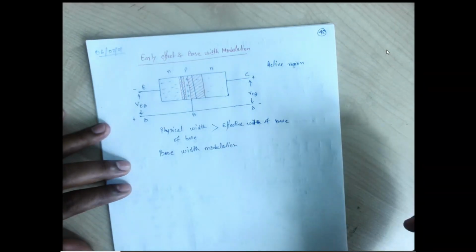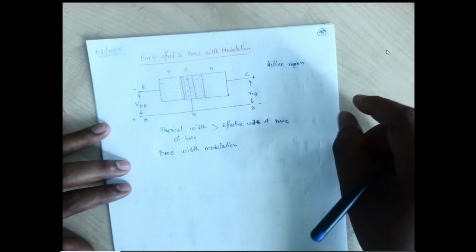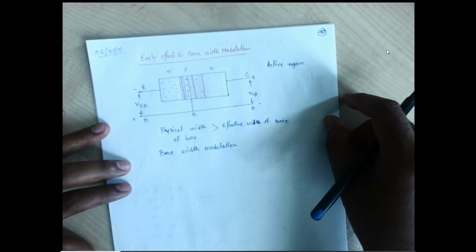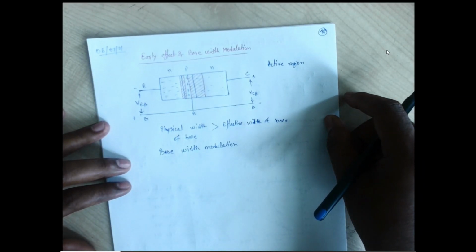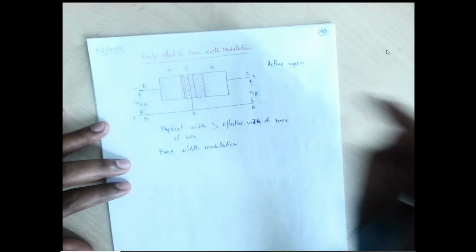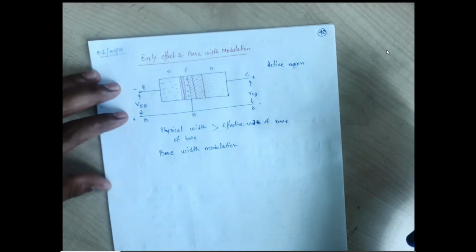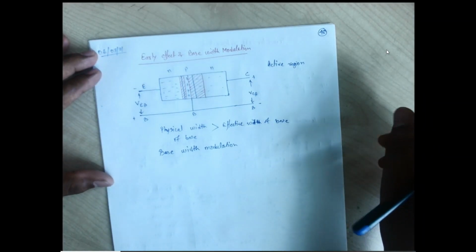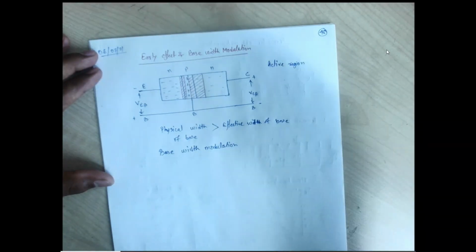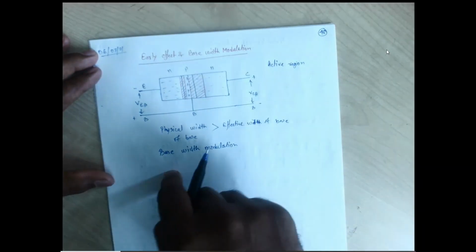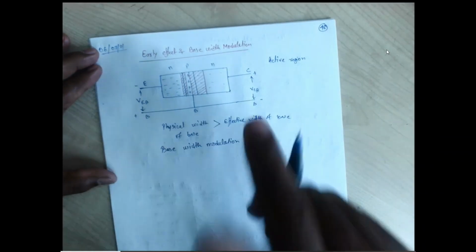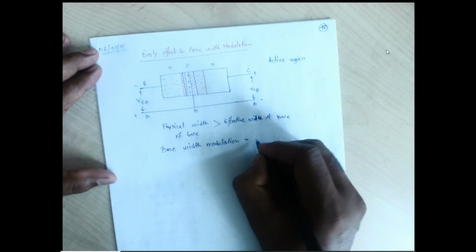With the application of biasing voltages in the active region, the base region width is decreasing, and it becomes even lesser than the physical width, which is already lesser compared to the other two regions. That is what is known as base width modulation.